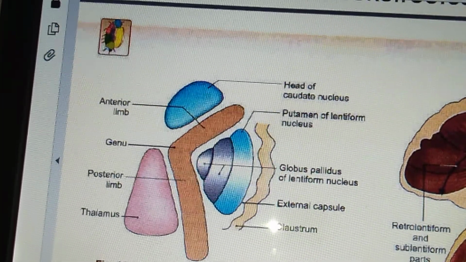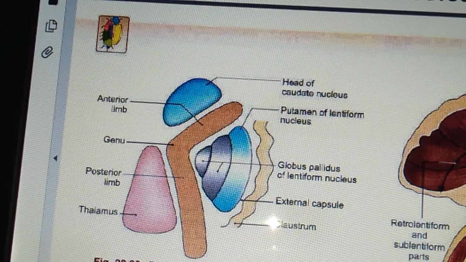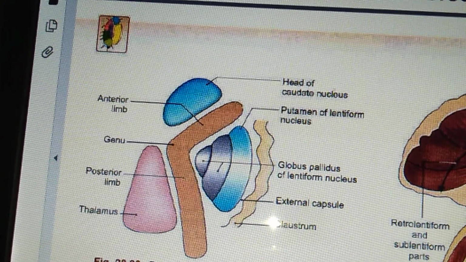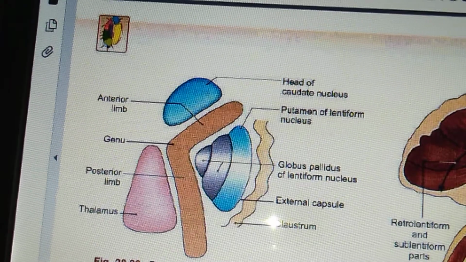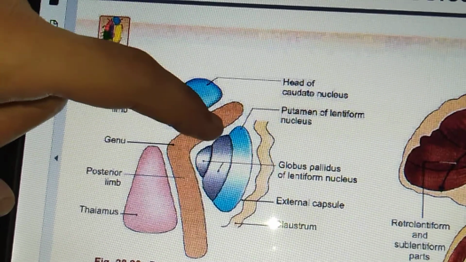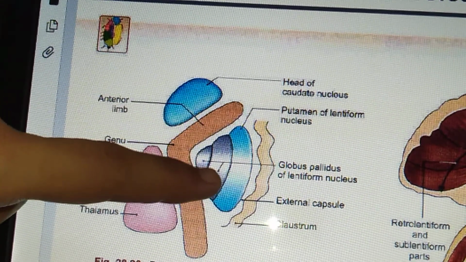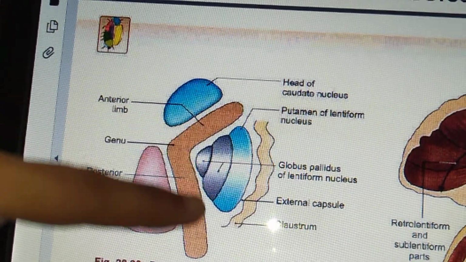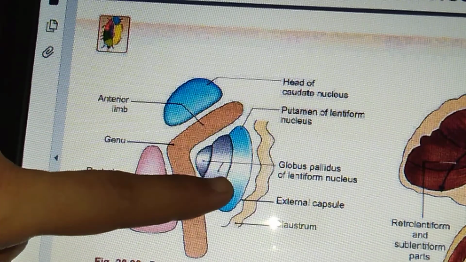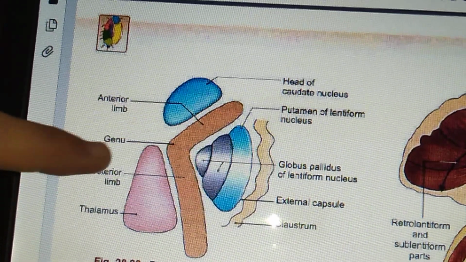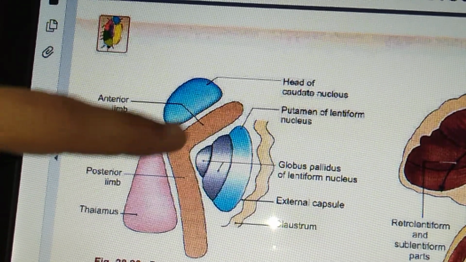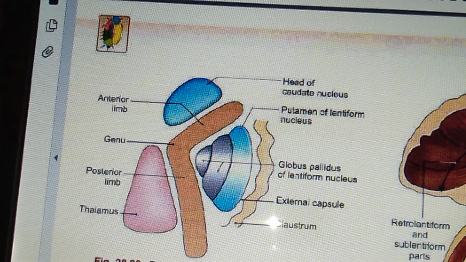Now we'll take the different parts of the internal capsule. It is divided into the following parts. First, the anterior limb, which lies between the head of the caudate nucleus and the lentiform nucleus. Then the posterior limb, which lies between the thalamus and the lentiform nucleus. Then the genu, the band between the anterior and posterior limbs.